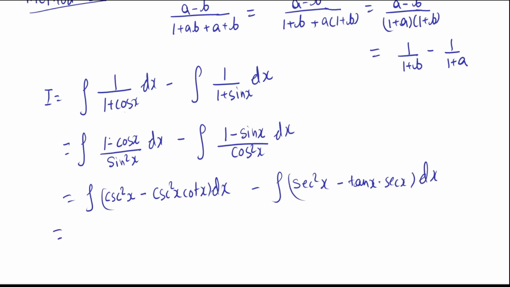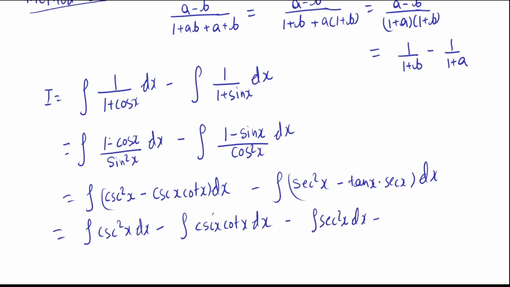So this is basically the integral of cosec square x dx minus the integral of cosec x into cot x dx, minus the integral of sec square x dx plus the integral of sec x into tan x dx, right?